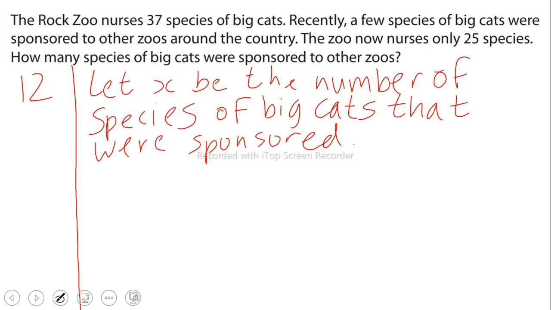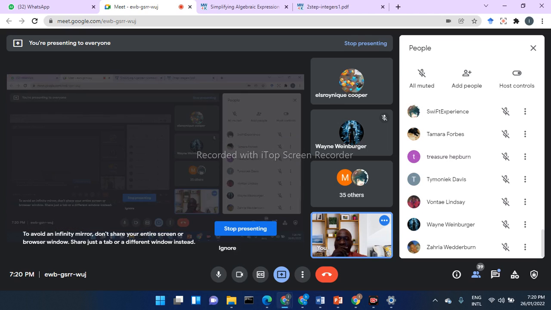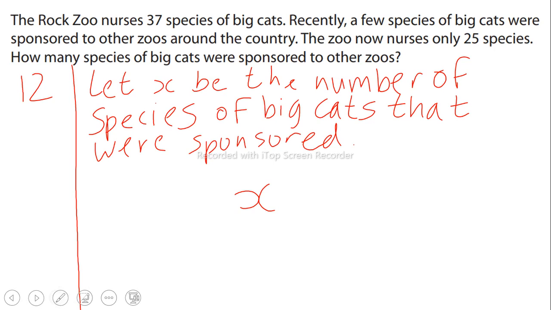And so if that's the case, we know that a certain amount was sponsored. We don't know how much that is. But we do know that x is the number that was sponsored. We do know that the zoo had 37 and now it has 25.